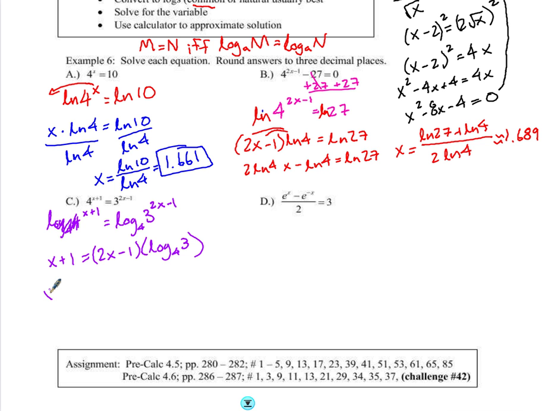And then I'm going to have to, again, combine like terms. So I'm going to subtract an x, and add this log base 4 of 3. Factor out our x.